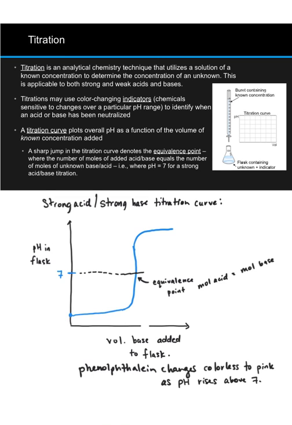We can use phenolphthalein as an indicator to help us track when the pH of a solution that is a result of mixing an acid and a base has reached 7 or beyond, and so can indicate the end point of a titration experiment.